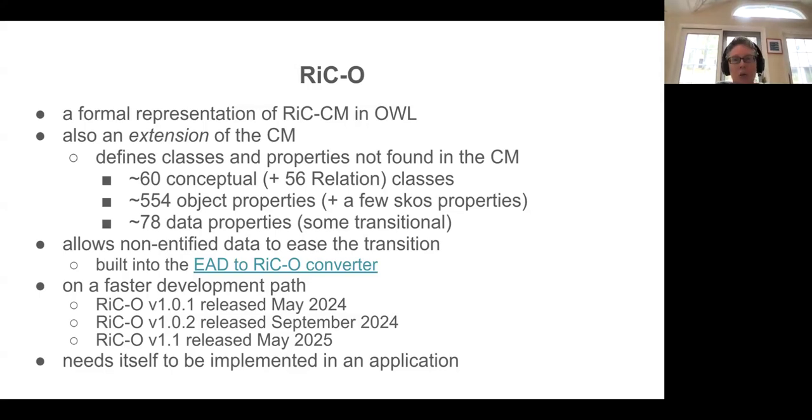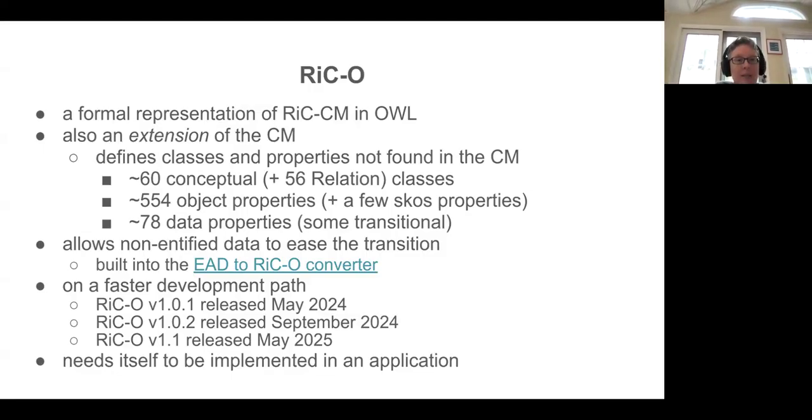So RiC-O, the RiC ontology, is the formal representation of the RiC-CM in OWL. And OWL, if you're wondering or not familiar, is an extension of RDF for authoring ontologies. But the important thing to know about RiC-O is that it's also an extension of the CM, and a quite extensive one.